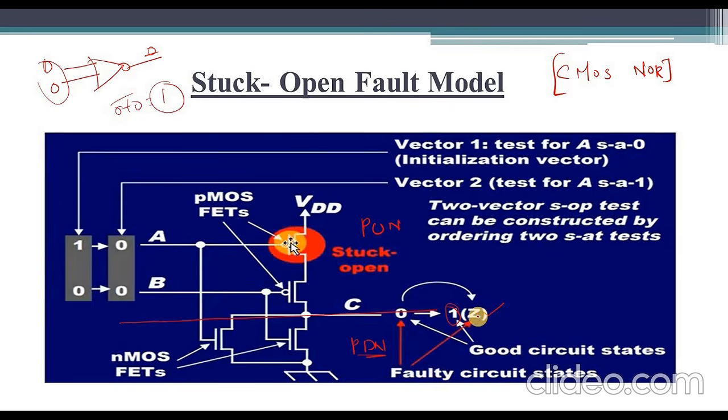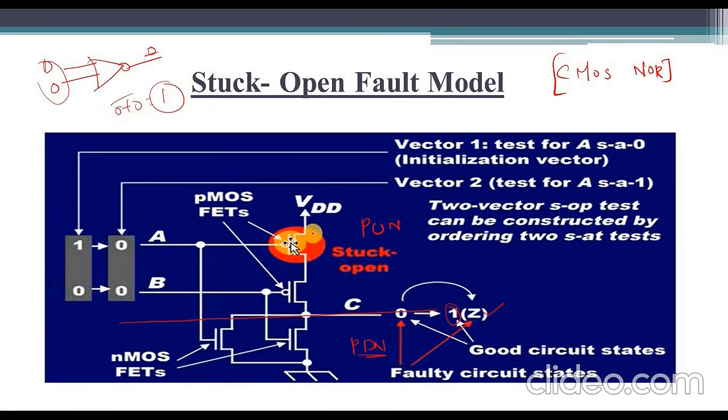So Z is an undetermined state. We don't know what this output is, whether it is 0 or 1. So when do we get the Z? When this particular transistor is in the open state, only then can we get the undetermined state. If it is not in the open state and there is no fault, we get the good circuit values, those are 0 and 1.